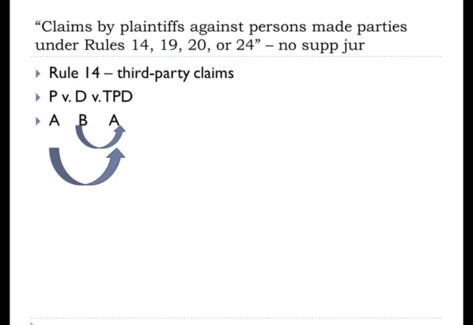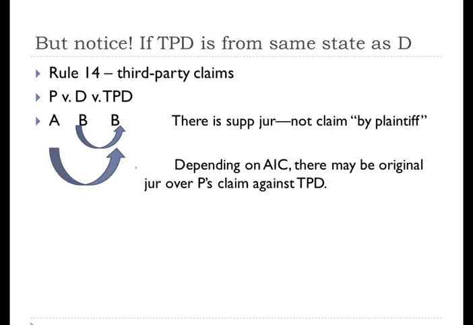So since we don't have diversity between the plaintiff and the third-party defendant, in other words, they're both citizens of State A, that claim could not have been brought in federal court on its own, and therefore there is not going to be any supplemental jurisdiction over the plaintiff's attempted claim against the third-party defendant. However, if you change the citizenship of the third-party defendant to State B, this changes the result.